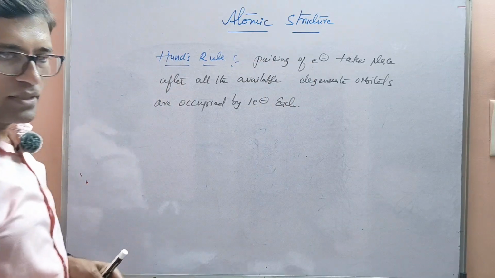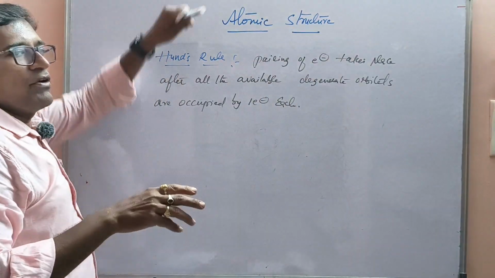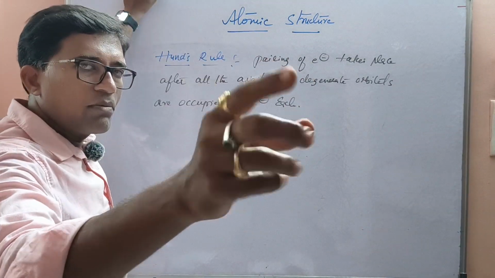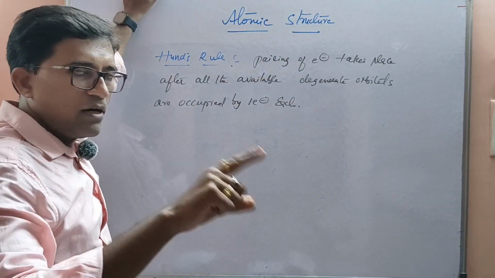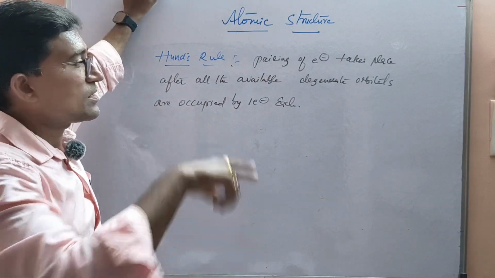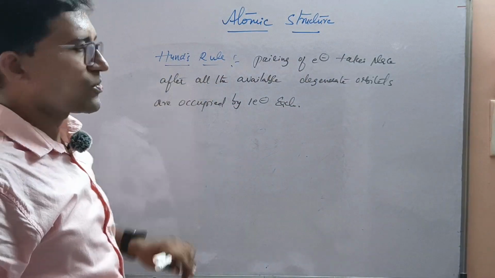For your information's sake, please note this down. This is the statement. Or, in another way, whenever degenerate orbitals are available, pairing of electrons takes place only after all the available degenerate orbitals are occupied by one electron. This is Hund's rule.